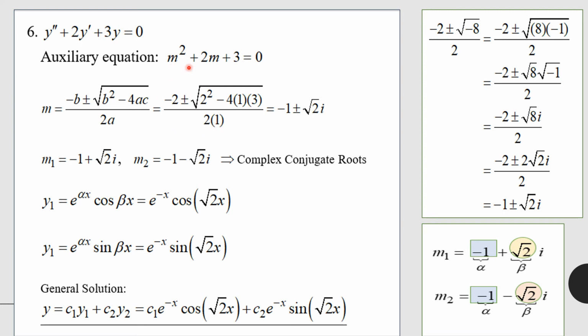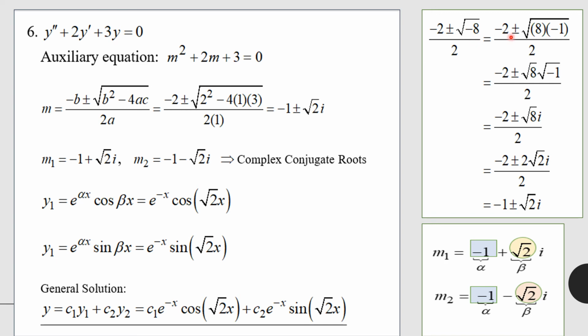Now simplify this, you'll get negative 1 plus or minus the square root of 2 times i. Now how do we get that? Here's the work. Negative 2 plus or minus, now 4 minus 12 is negative 8, the square root of negative 8. Notice that we have a number less than 0 under the radical, so we expect that this root must be a complex root.